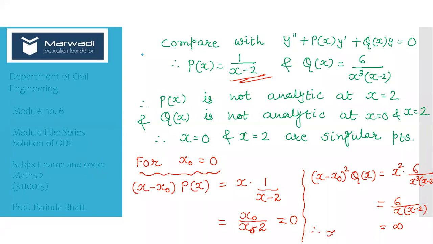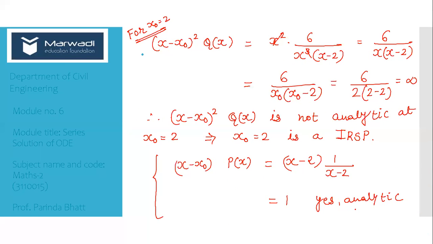Therefore, x0 equal to 0 is also an irregular singular point. Here also the other condition is not satisfied, right? Therefore, both the points are irregular singular points. Clear, everyone? This is for x0 equal to 0.